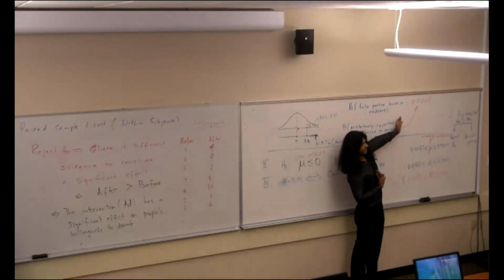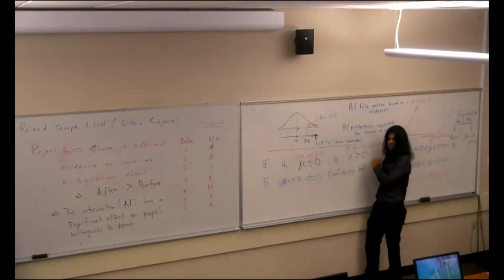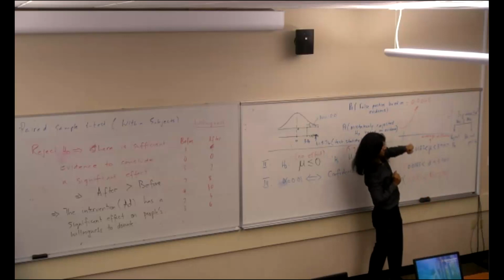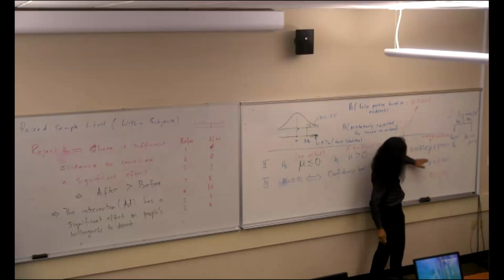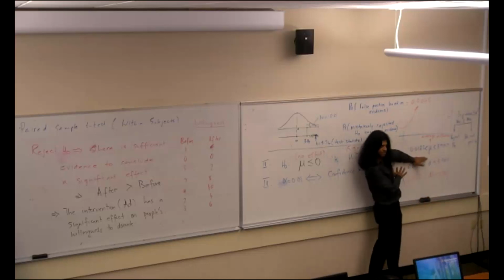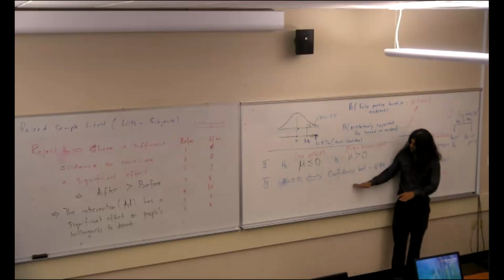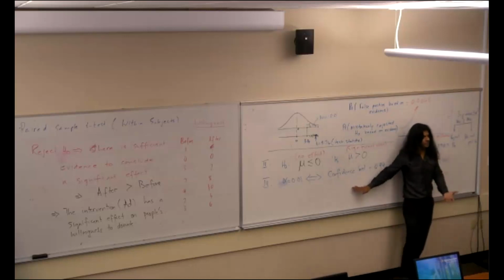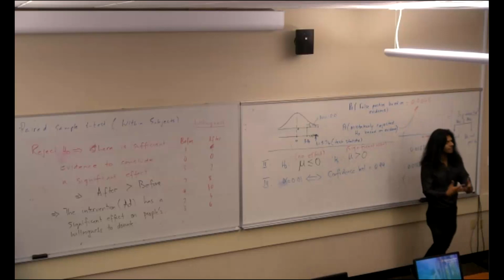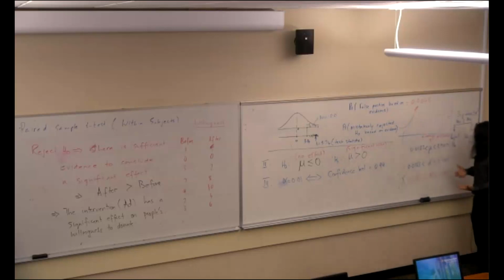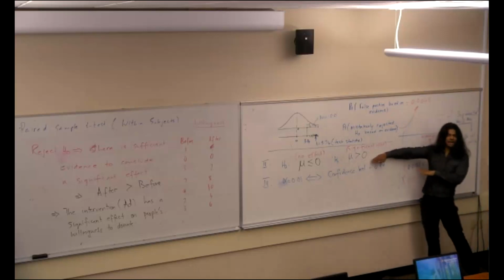The chances that I would have made a mistake in concluding that I reject the null is 0.48%. Small. I get an interval where 0 doesn't fall based on 99% confidence. Put those two together, and I have a good amount of evidence to support that statement.